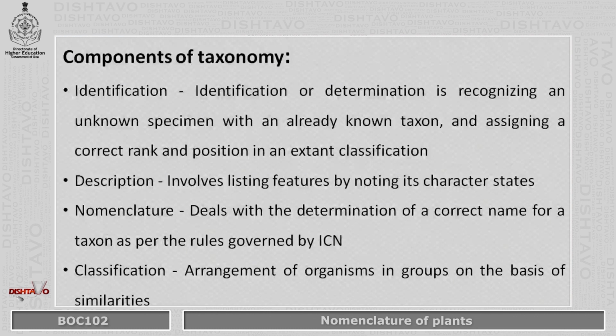Description involves listing important features by noting its character states. Nomenclature deals with the determination of a correct name for a taxon as per the rules governed by ICN, that is, the International Code of Nomenclature for algae, fungi, and plants. And classification is the arrangement of organisms in different groups on the basis of their similarities.